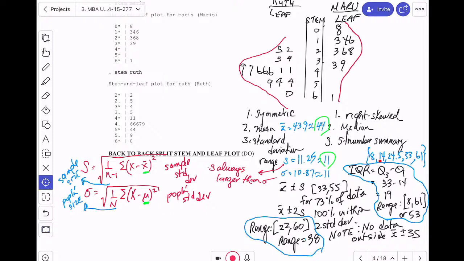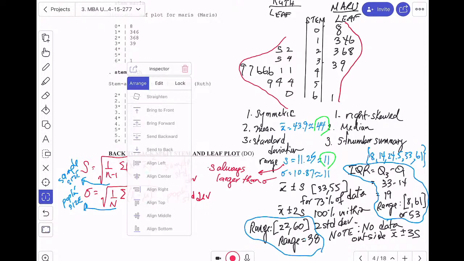So this was the way of looking at how the data spread out with the standard deviations from the mean. But here for the 5-number summary, this is the way I demonstrate how spread out it is. And I'm going to use this to look for outliers. So I'm going to take this now to another page.